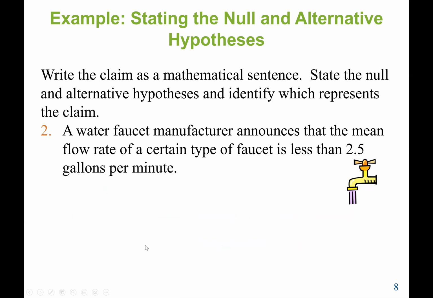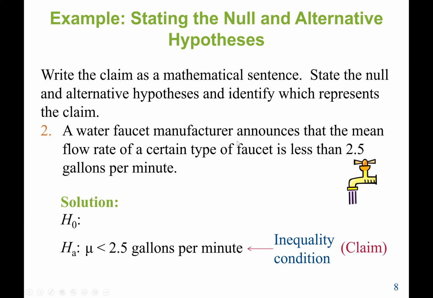Now let's look at the next example. Here we say a water faucet manufacturer announces that the mean flow rate of a certain type of faucet is less than 2.5 gallons per minute. So this will be our claim. So again, since we said the mean flow rate of a certain type of faucet is less than 2.5 gallons per minute, our HA will be mu is less than 2.5 gallons per minute, because it's an inequality condition.